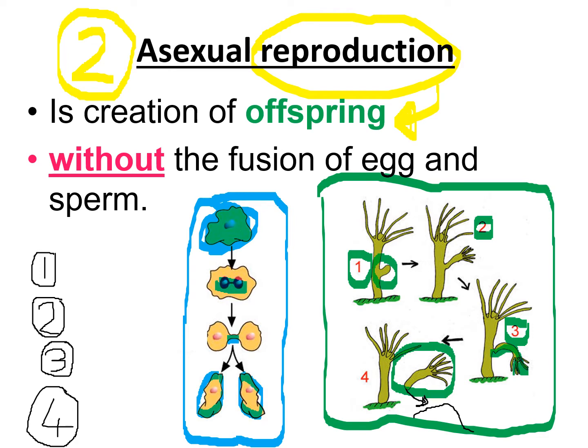One of the biggest disadvantages of asexual reproduction is that there is no fertilization. There's no egg and sperm involved. There's no gametes. And remember, gametes are genetically different to the parental organism that they come from. And because there's no genetic variation in asexual reproduction, this is a large disadvantage for animals that reproduce asexually.